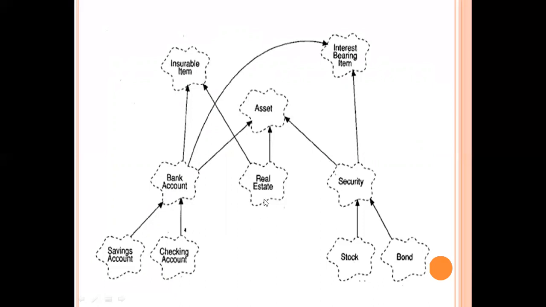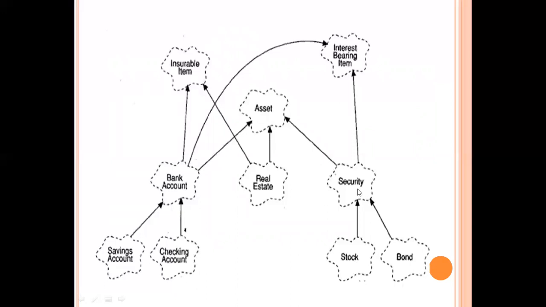Suppose real estate. The real estate also shares the attributes of insurable items and assets. That is multiple inheritance, where the single class real estate shares the attributes of insurable item and assets.